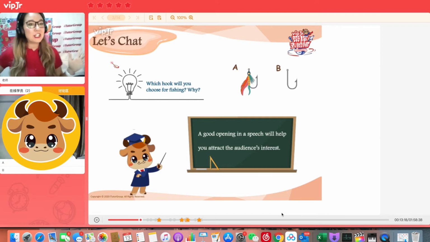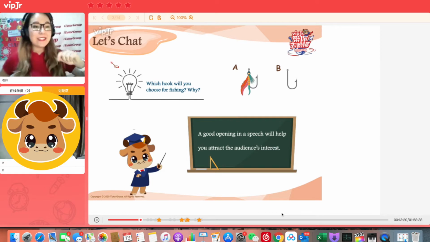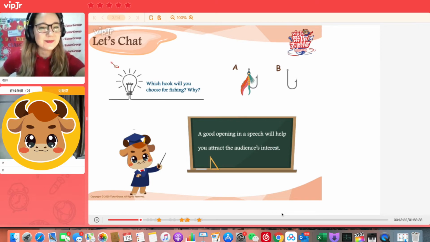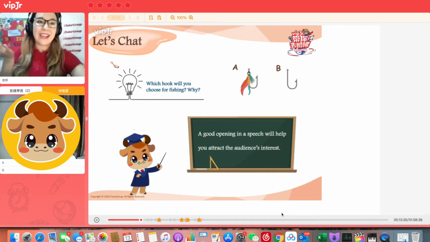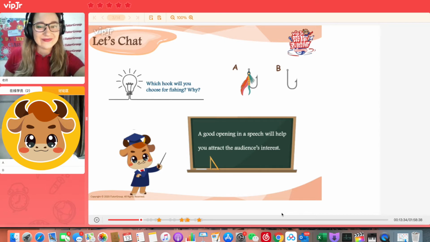Can you look at the picture of the fishing hooks here, Sarah? Do you see the fishing hooks? Yes. Which hook will you choose for fishing and why? I think I will choose B. Why?